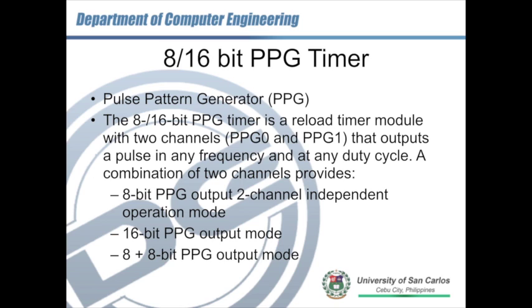So basically, the PPG timer is a reload timer module, which we discussed earlier, which has two channels, PPG0 and PPG1, that outputs a pulse in any frequency and at any duty cycle that we would like to have.